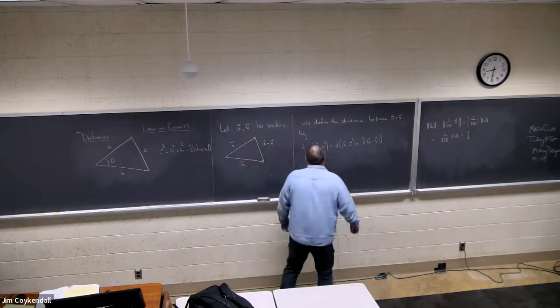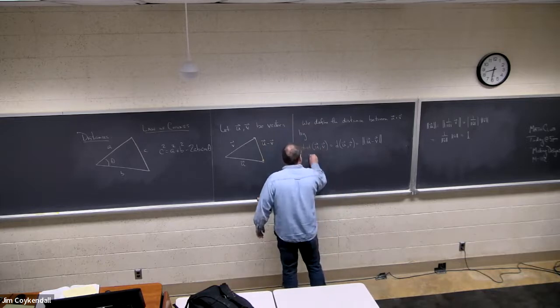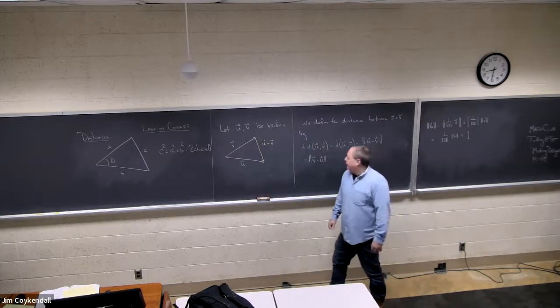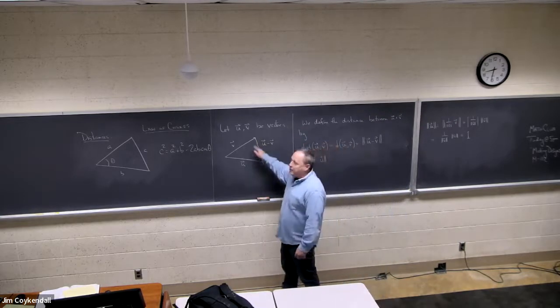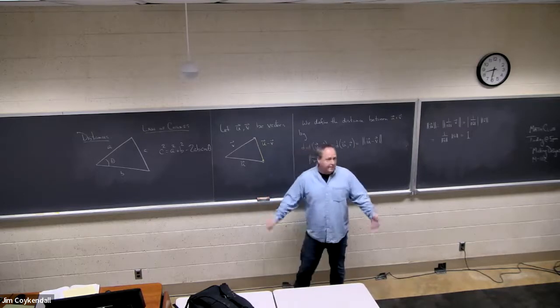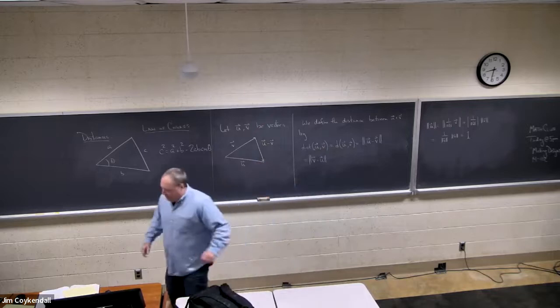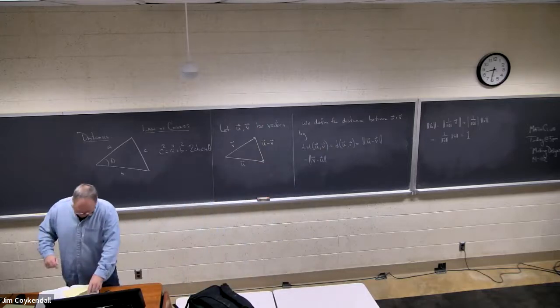And let me point out that this is symmetric. The difference between the vector U minus V and V minus U is that instead of putting the arrowhead here, you put it here. It's got the same length. Everybody agree with that? So this is the way we find the distance between two vectors.